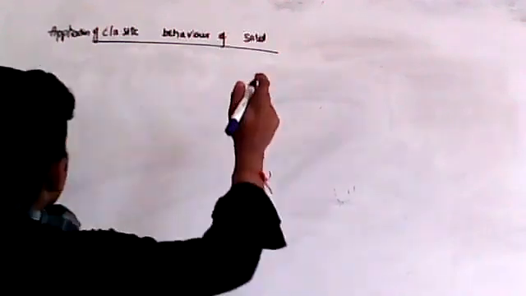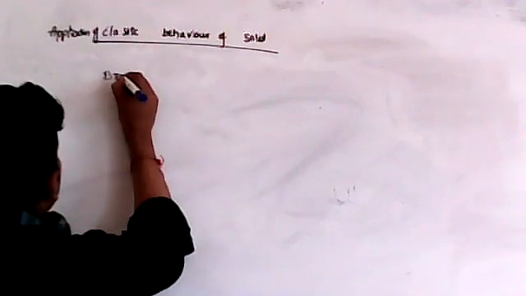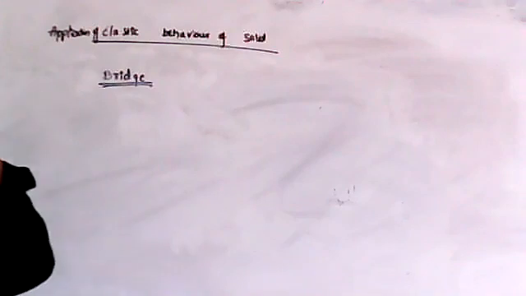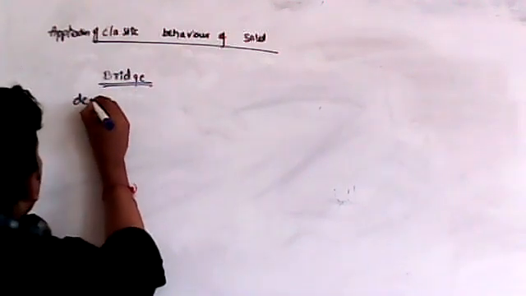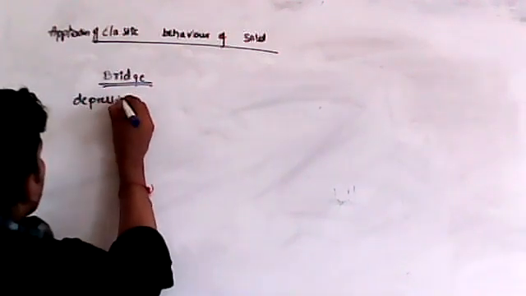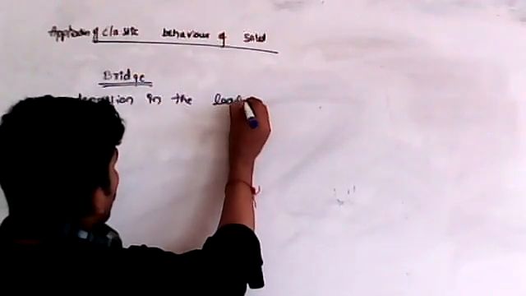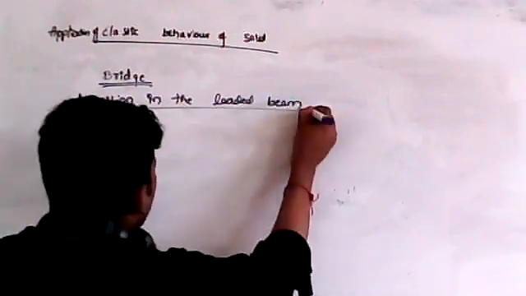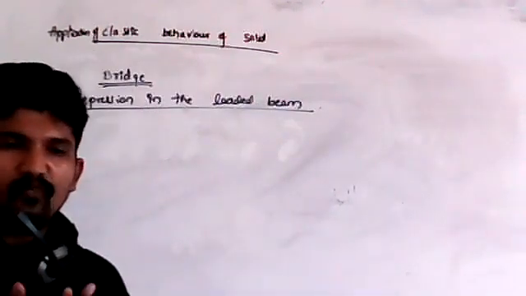So see, let us consider a bridge. In a bridge, the bending, or we can say depression, in the loaded beam. A beam is required to construct any building or bridges, whatever it may be.